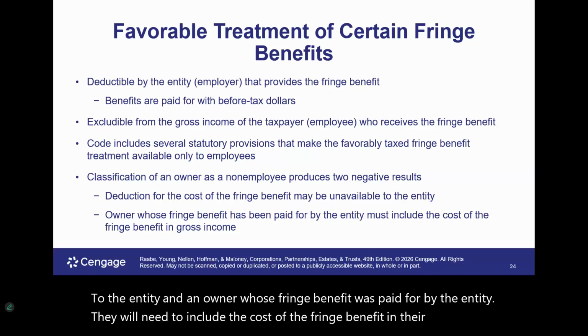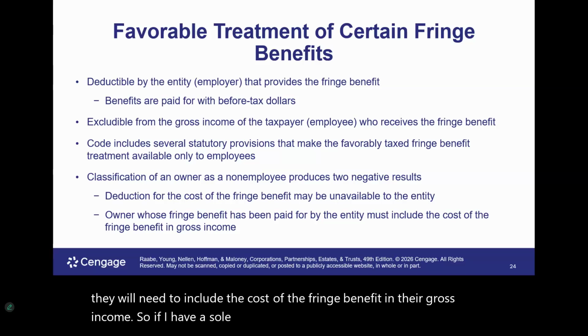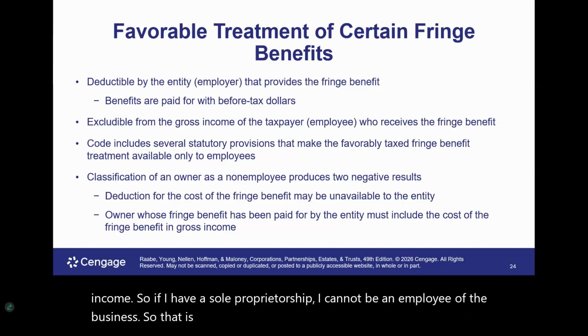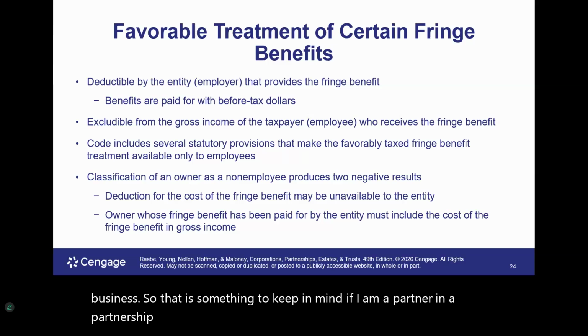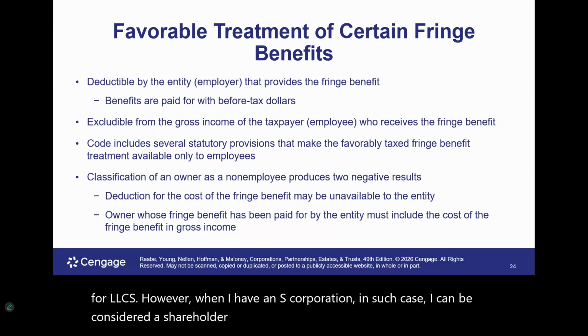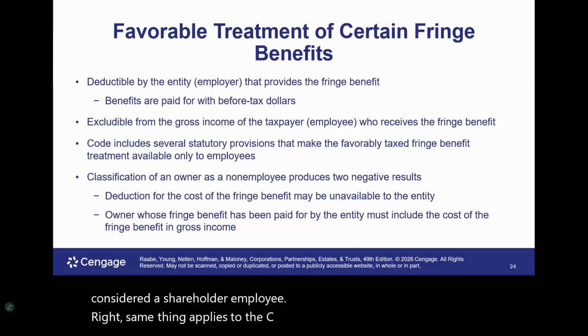So if I have a sole proprietorship, I cannot be an employee of the business. So that is something to keep in mind. If I am a partner in a partnership, I cannot be an employee of the partnership. The same thing for LLCs. However, when I have an S corporation, in such case, I can be considered a shareholder employee, right? Same thing applies to the C corporation. So these are things that need to be considered.